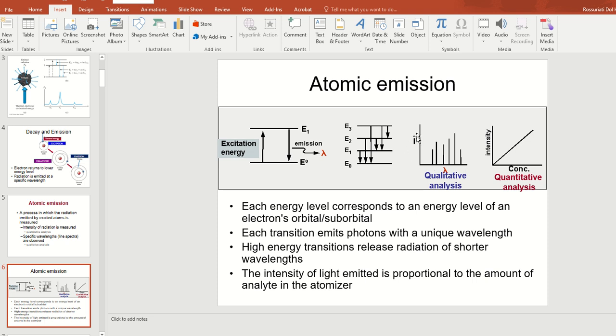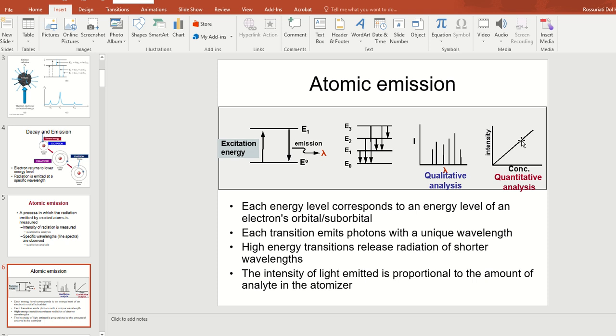This intensity value is important for the quantitative analysis, because from the intensity we can relate it to the concentration using Beer's law. Then we can know what concentration of the analyte in the sample is equivalent to the intensity of radiation emitted that we measured from a sample.